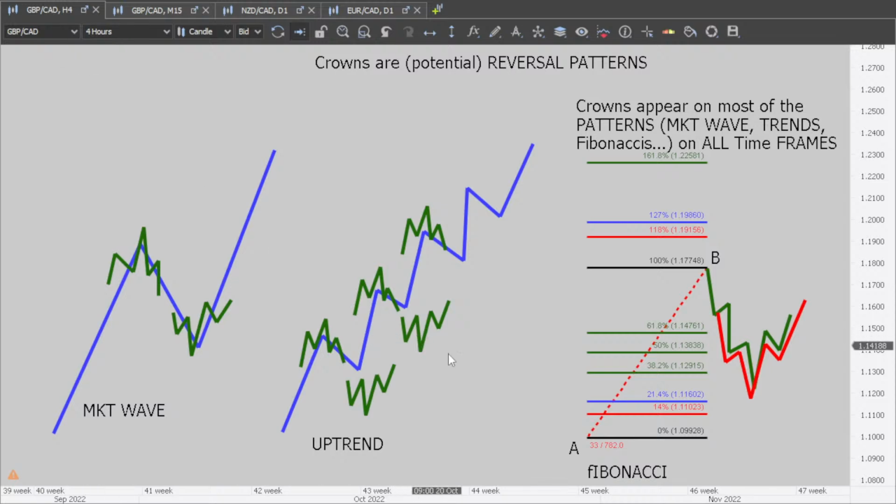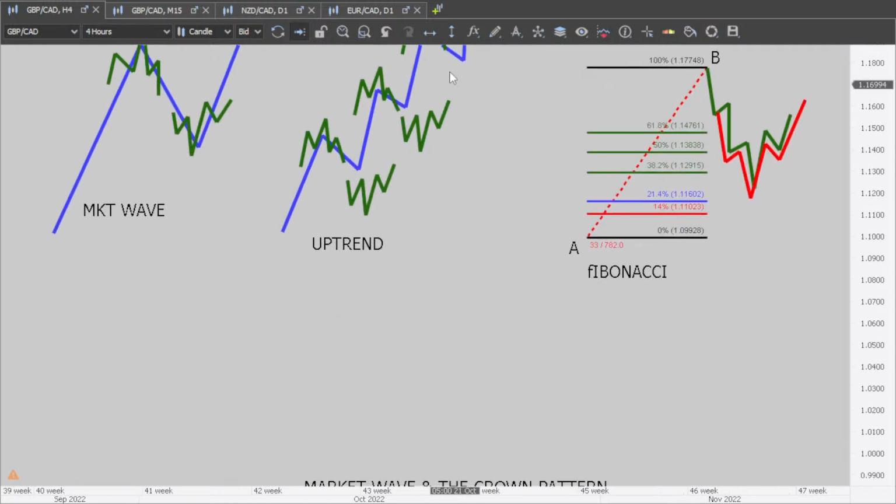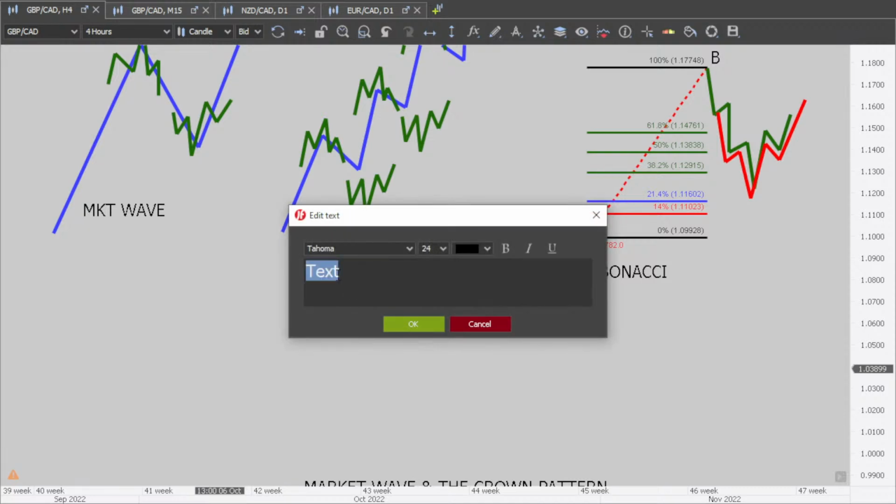So everybody, homework. Find crowns on one, 2 charts. Not currency pairs, charts. Okay, if not, some of you are complaining, oh, it's too much homework.